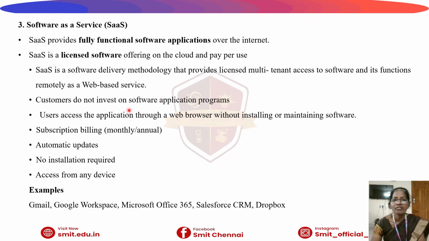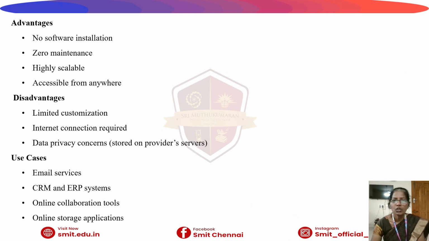Customers do not invest in the software application program. They access the application through a web browser without installing and maintaining software. Then subscription billing, automatic updates, no installation required, access from anywhere. This is Software as a Service. Examples: Gmail, Google Workspace, Microsoft Office 365, Salesforce CRM, and Dropbox.